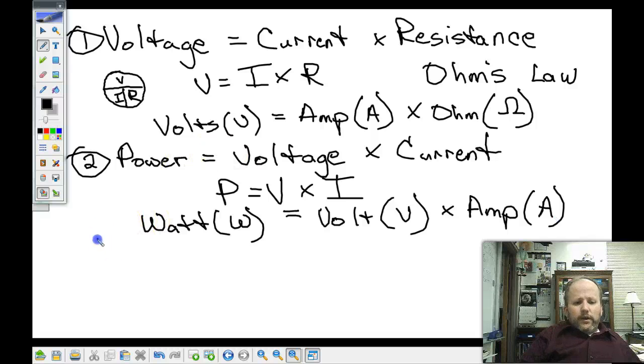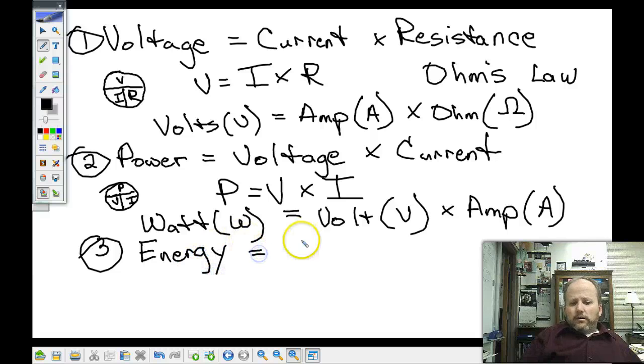And then the final equation to know, oh, and let's go back and do our little circle thing again. P equals V times I. That will help you on the homework. And then the third equation I want you to know is energy is power times time.